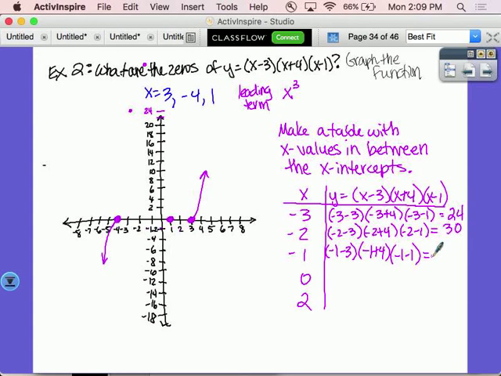All right, go ahead and fill in your chart. I'm going to pause the recording while we fill in our chart. No, I'm not. I'm just going to finish.